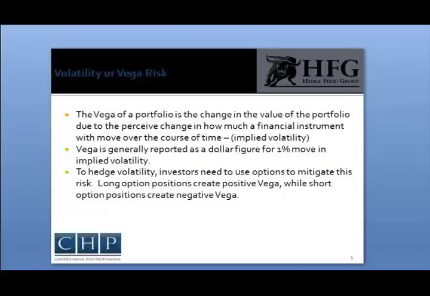Implied volatility is a measurement used in the pricing and valuation of options and is generally quoted in percentage terms. Vega is generally reported as a dollar figure for a 1% move of implied volatility. To hedge vega, investors need to use options to mitigate this risk. Long option positions create positive vega, while short options positions create negative vega.